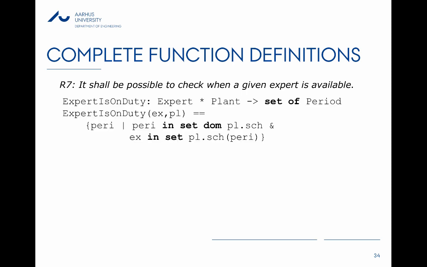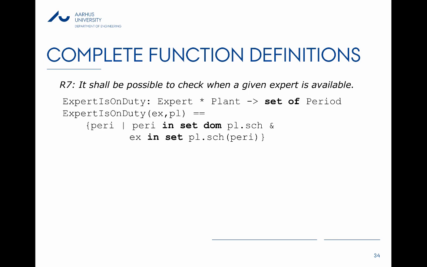And then we need to complete the function definitions again, also where it needs to be possible to check if a given expert is available. Now here I'm using something called a set comprehension. At first this may look peculiar to you, but once you get used to it, you will see that it is a really powerful kind of construct. The way to read this is that peri is in the set of the schedule.